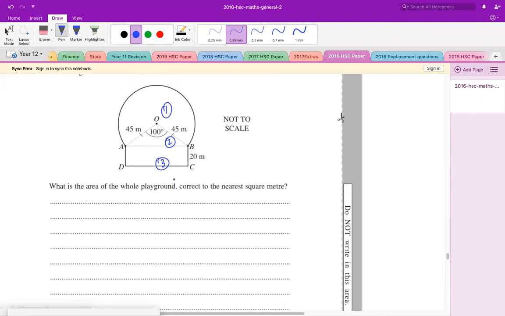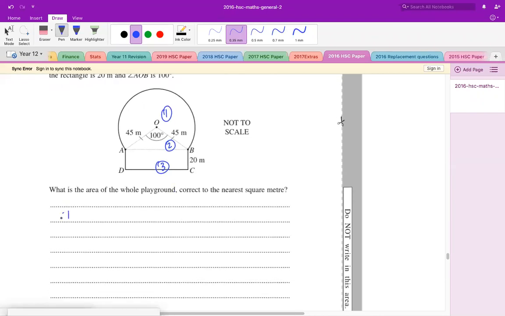Let's say, first of all, for the sector, do I know how much this angle is? This is equal to 260, right? Because you know the other part is 100 degrees. The whole thing is 360. So you do theta over 360 times pi r squared, and you have everything. So 260 over 360 times pi times the radius is 42.